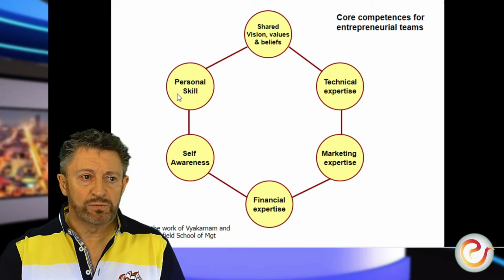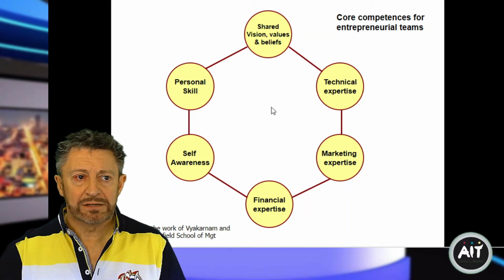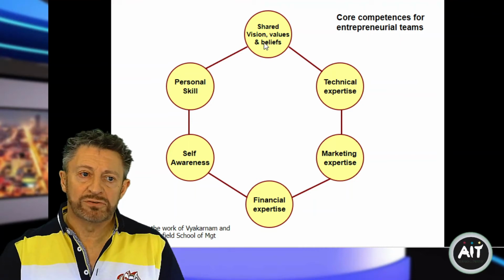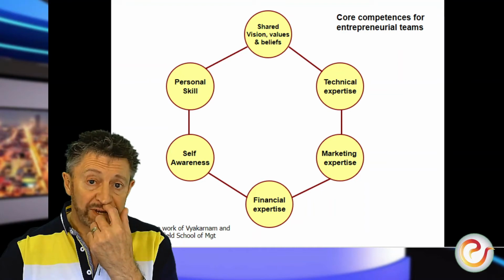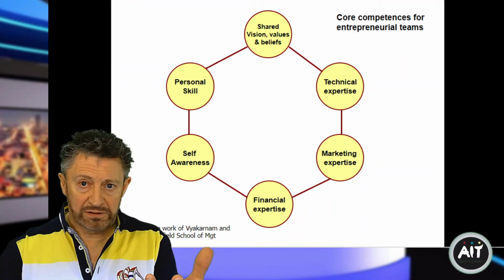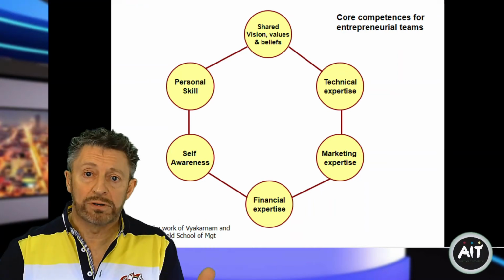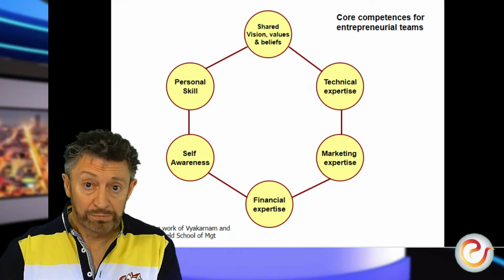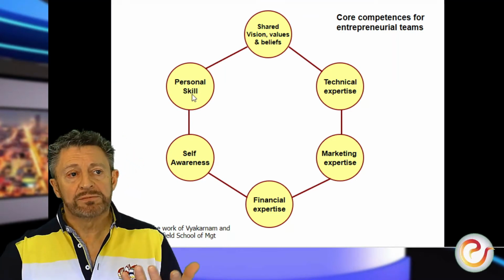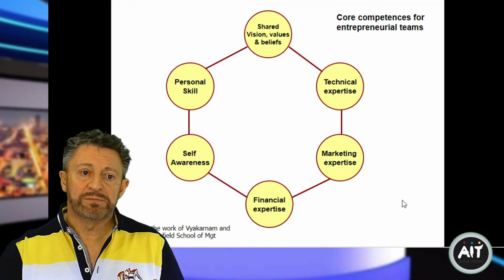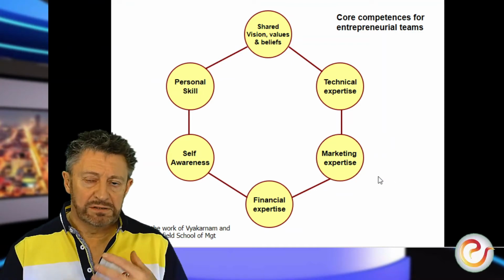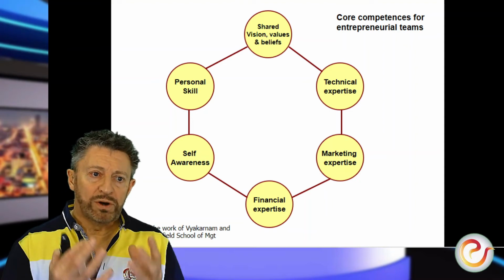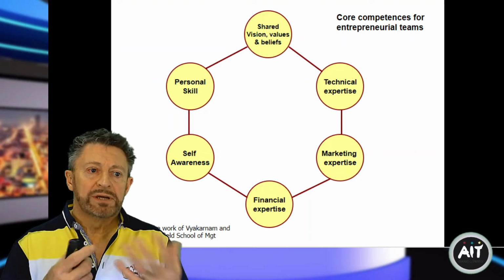So you might have self-awareness, personal skills, and technical expertise to develop a solution or course of action that's in line with the overall objectives of the team and indeed the company, of course. Similarly, you might have personal skills, self-awareness, and marketing expertise, again supporting this shared belief. That's, should I say, the broad brushstrokes of what this model is showing.